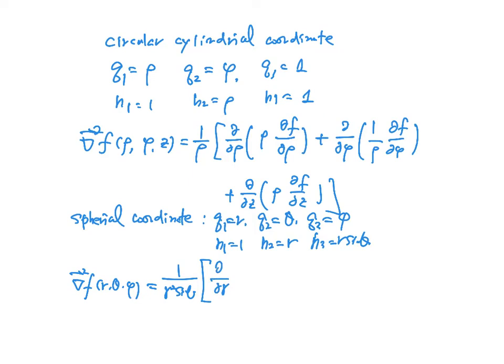Partial r partial, the denominator is 1, but h2 h3 is r squared sine theta, partial r partial f. Plus partial theta partial 1 over r, partial theta partial f, with h3 h1 being r sine theta.